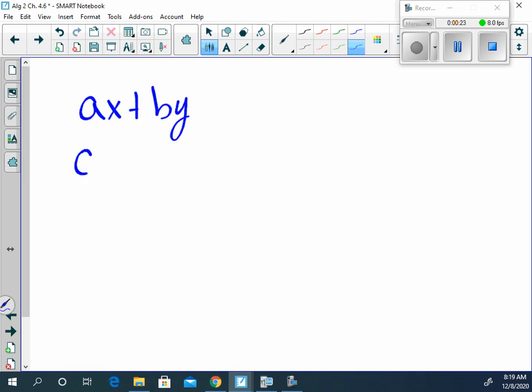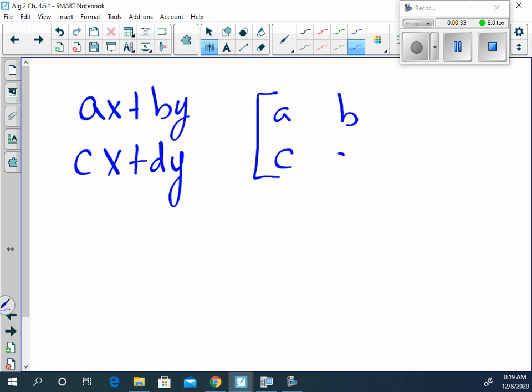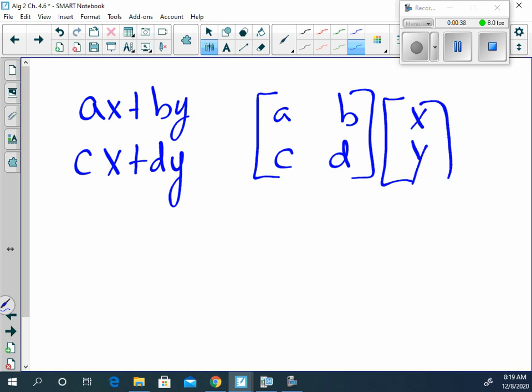And we had cx plus dy. Well, if I'm just looking at this here, I'm going to define it as ABCD times x, y. I'm able to rewrite this part here as ABCD times x, y.